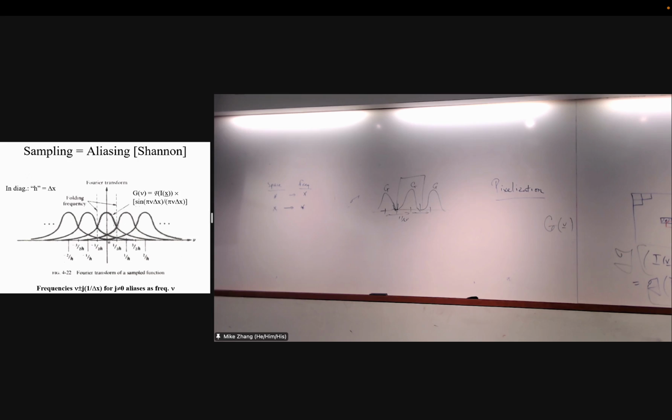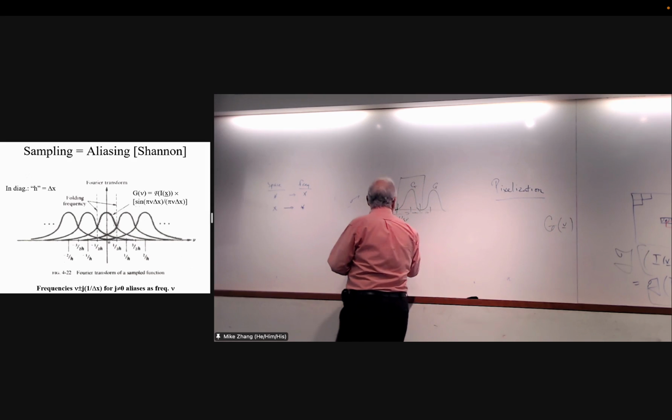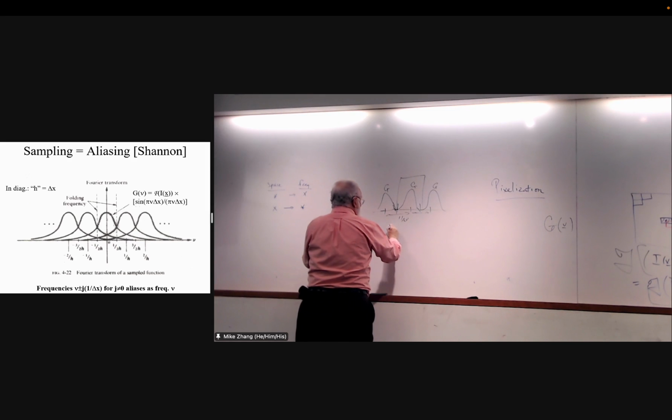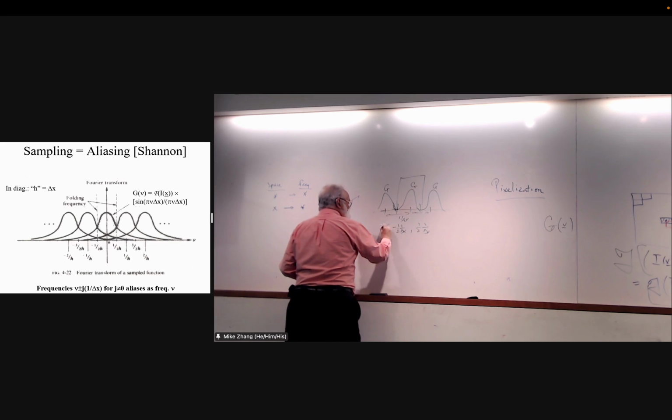In other words, I haven't lost any information about the original image if I organize my delta x to be band limited between minus 1 over 2 delta x to plus 1/2 1 over delta x.